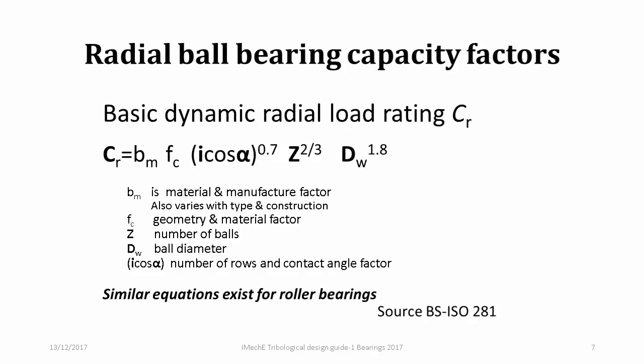Capital D suffix W is the ball diameter. And I cos alpha is the number of rows I multiplied by the contact angle factor related to the contact angle in the bearing, which can vary between 0 and about 40 degrees. An increase in diameter has more effect than an increase in the number of rolling elements.